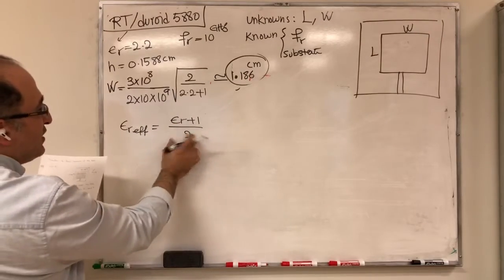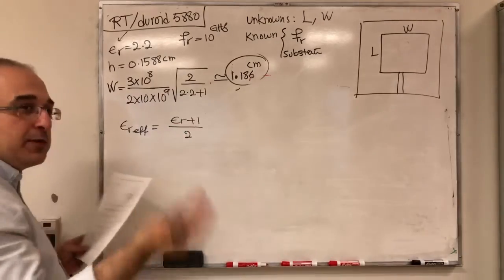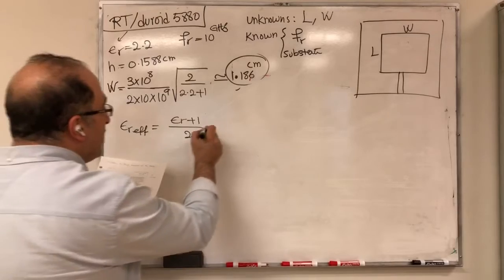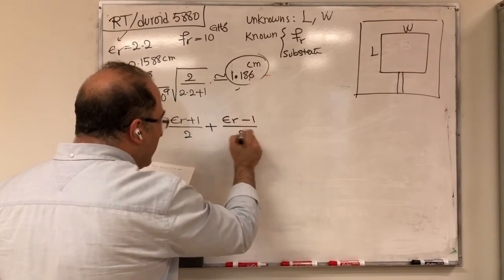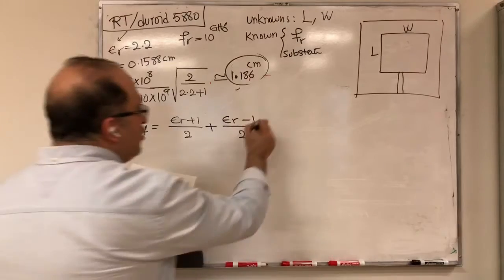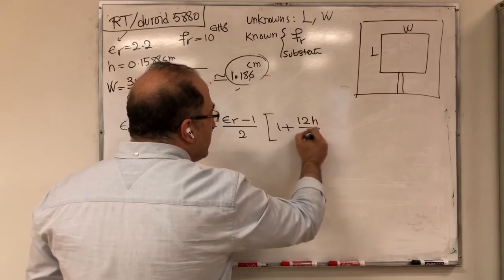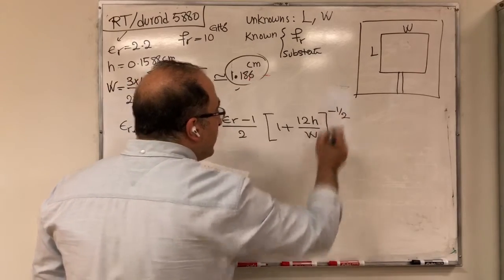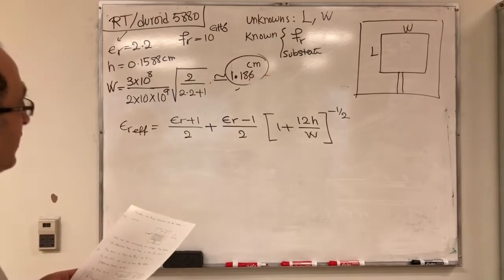So this term is very obvious: epsilon r of the substrate plus 1, which is epsilon r of air, divided by 2. So that's an algebraic average. But there is one more term here: epsilon r minus 1 divided by 2, and then you get 1 plus 12H divided by W, to the power minus half. So this would be the equation for epsilon r effective.